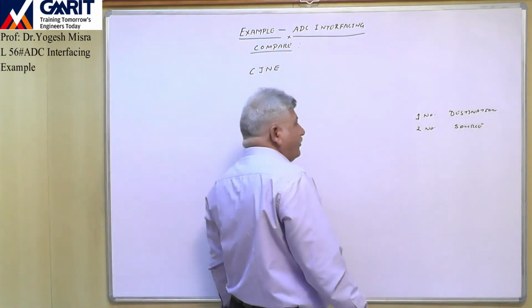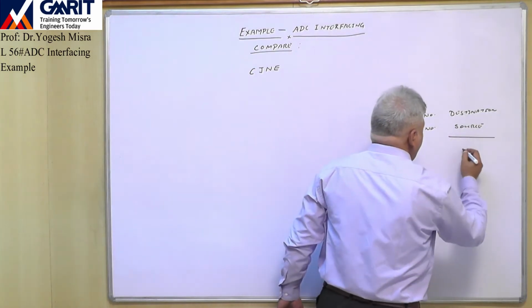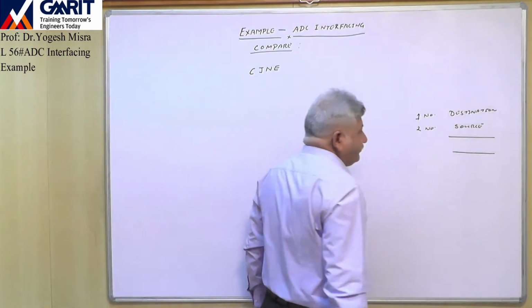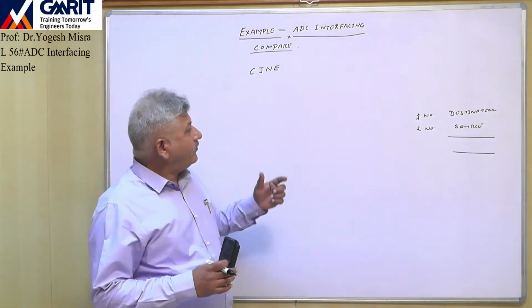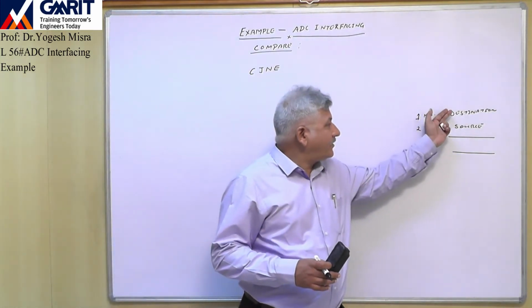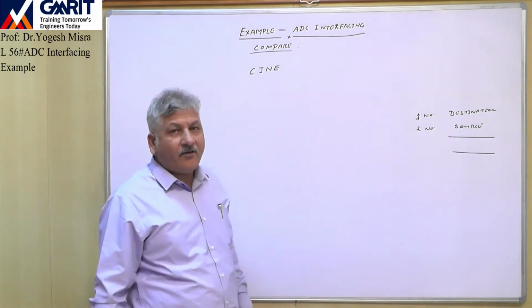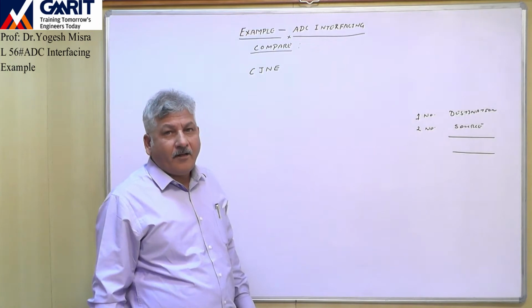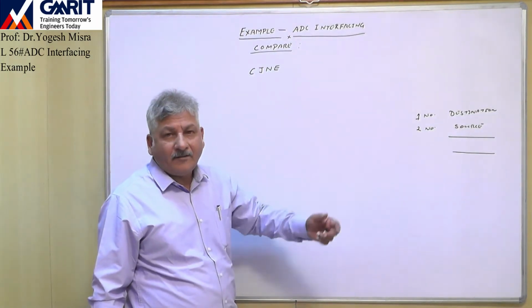So it will compare two numbers, and after the comparison, depending upon the destination value and the source value, if these values are not equal, then the program sequence will jump to a particular label.